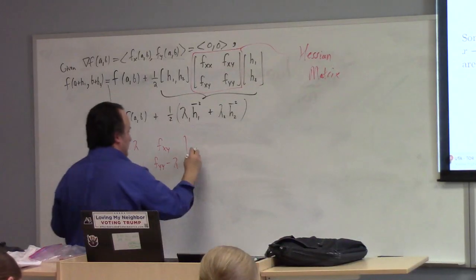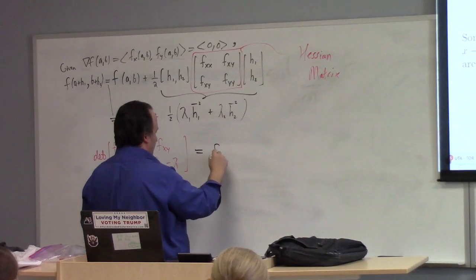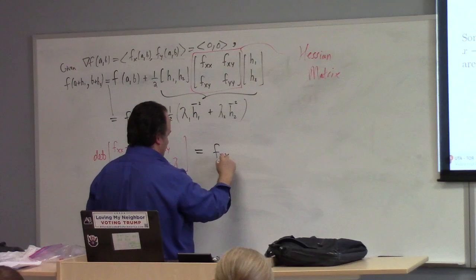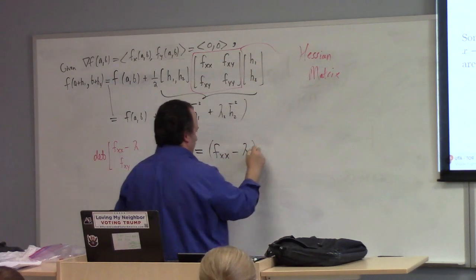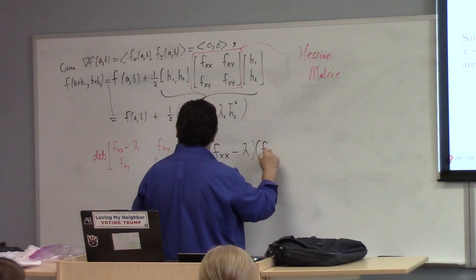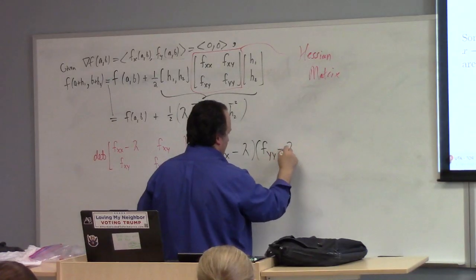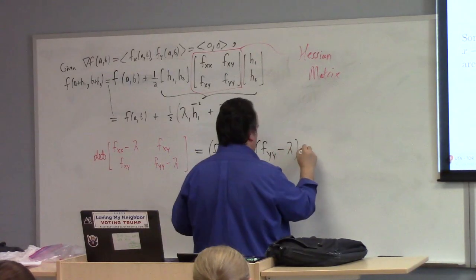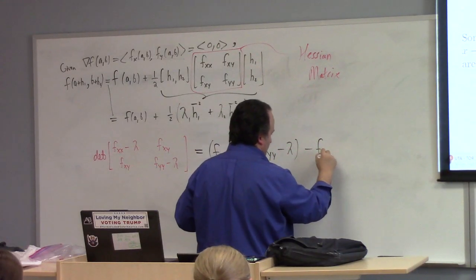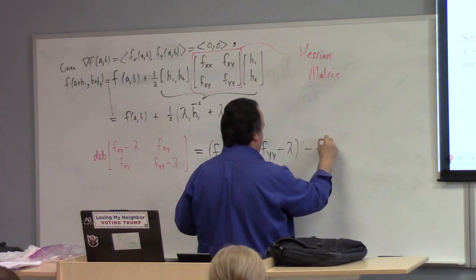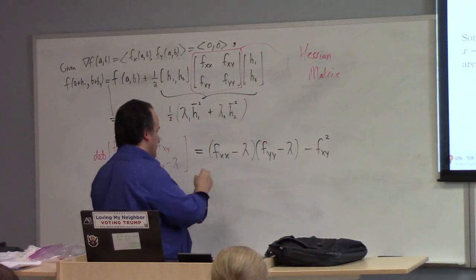So what we got is fxx minus lambda times fyy minus lambda minus fxy squared. Let's work this out.